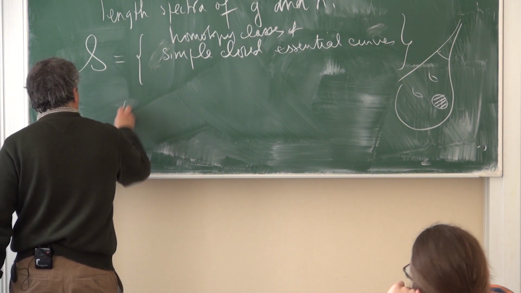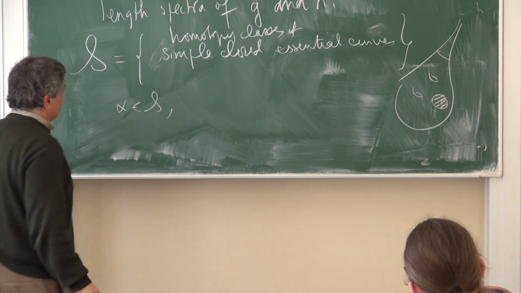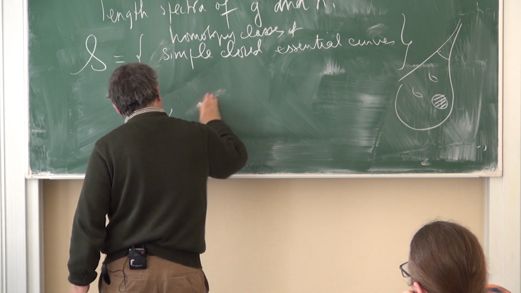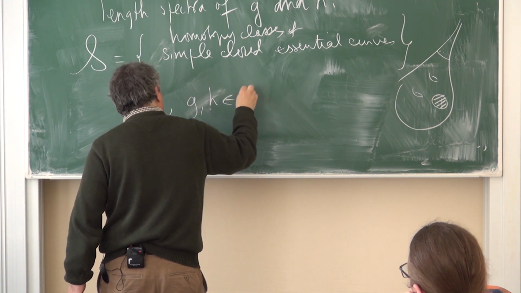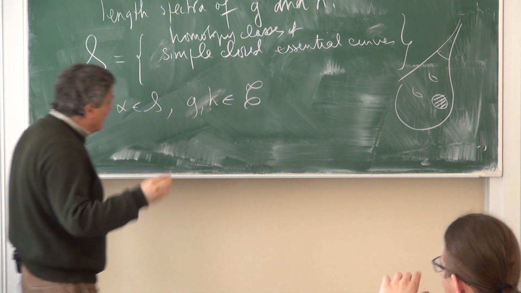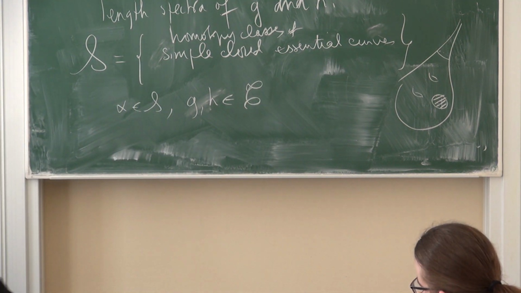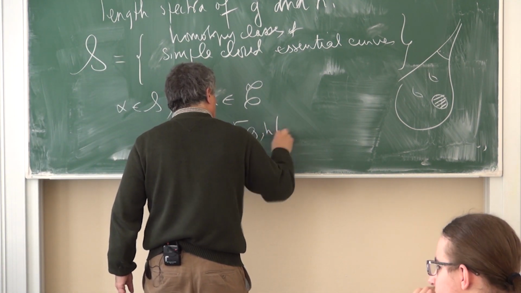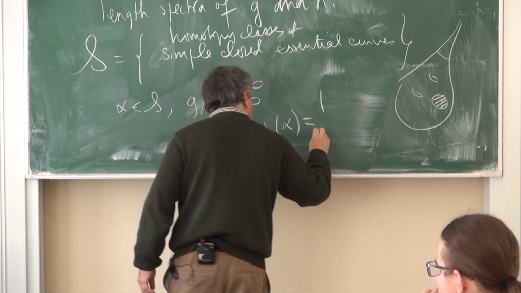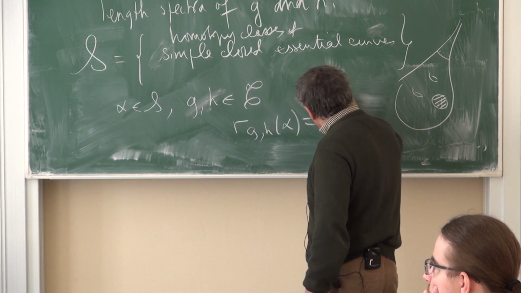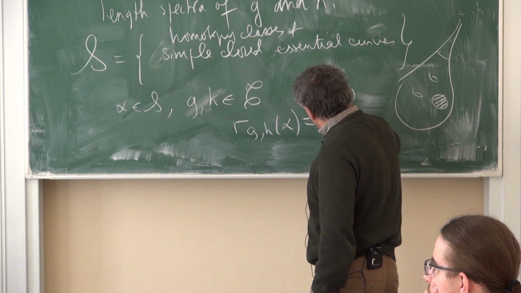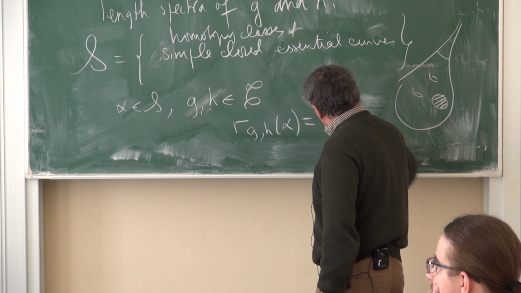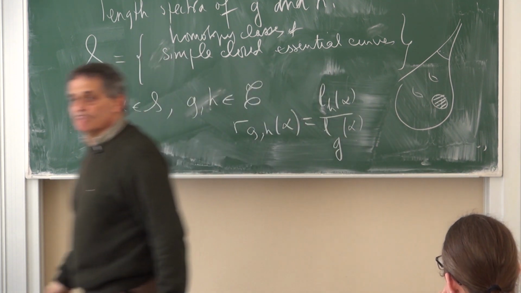And then for alpha in S, and G and H in Teichmüller space, or equivalence classes of hyperbolic structures, I define this quantity, let's say, of alpha as the length of alpha with respect to H divided by the length of alpha with respect to G. This is a quantity.